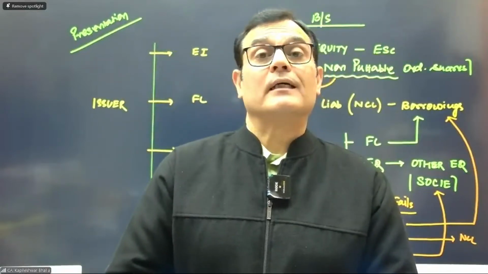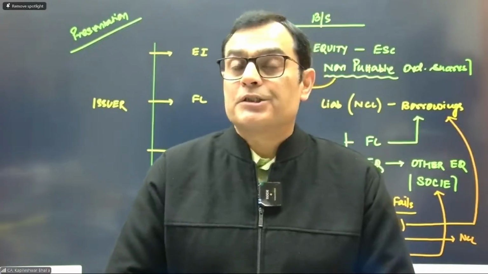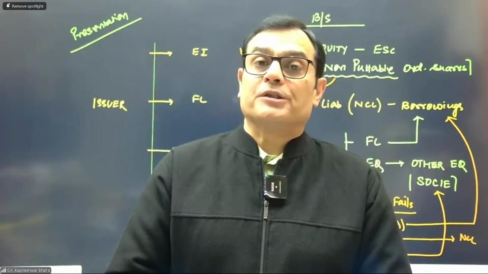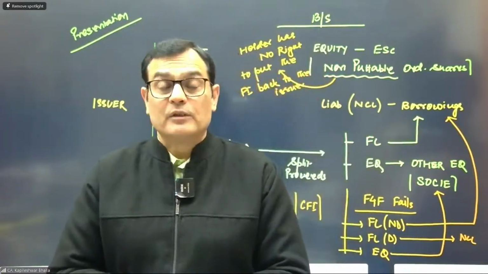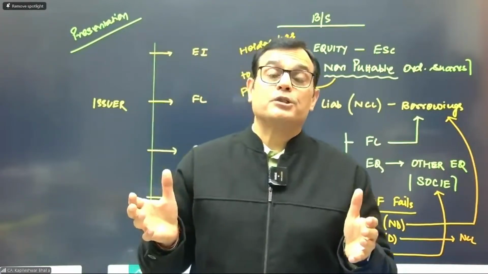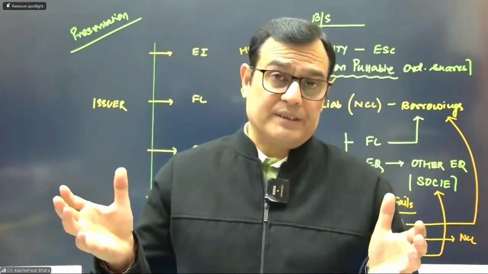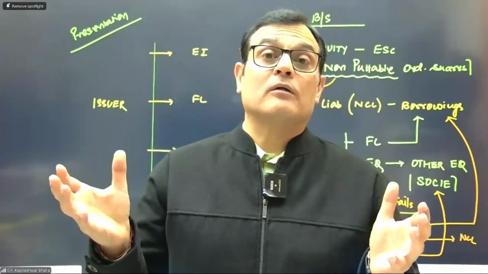If you look at the Companies Act, it does not make any such reference that equity shares are of two types. But the Indian Accounting Standard makes it very clear that ordinary shares are of two categories: puttable ordinary shares and non-puttable ordinary shares.